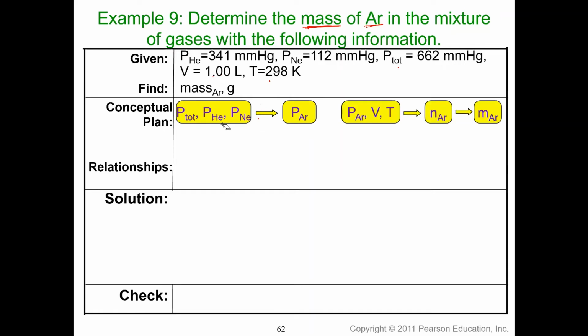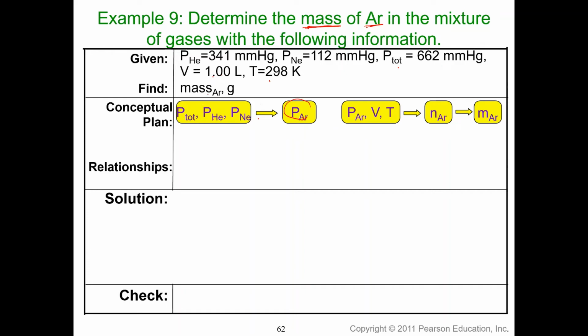All right, let's look at it. As far as the conceptual plan, it is clear what we are doing, right? From Dalton's law, we determine the partial pressure of argon by subtracting the individual partial pressures from the total pressure.